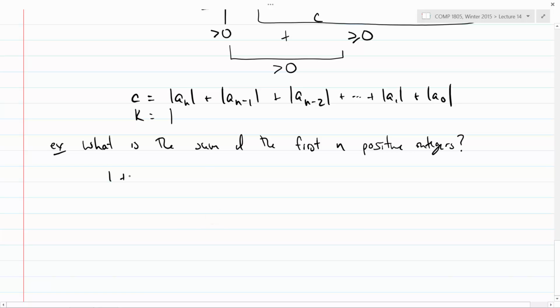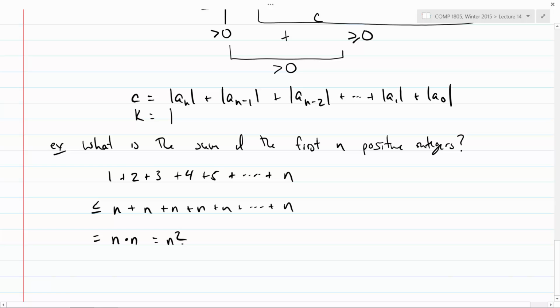Well, 1 plus 2 plus 3 plus 4 plus 5 all the way up to n is definitely less than or equal to n plus n plus n plus n plus n all the way up to n. And how many n's did I write? I wrote n of them. So that's n times n, which is n squared.